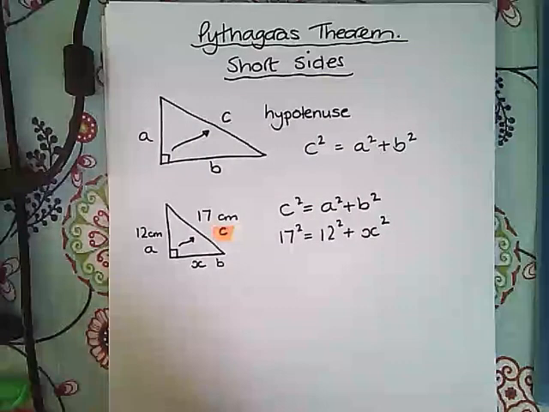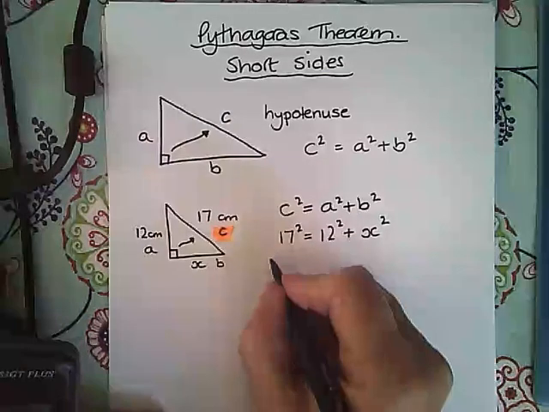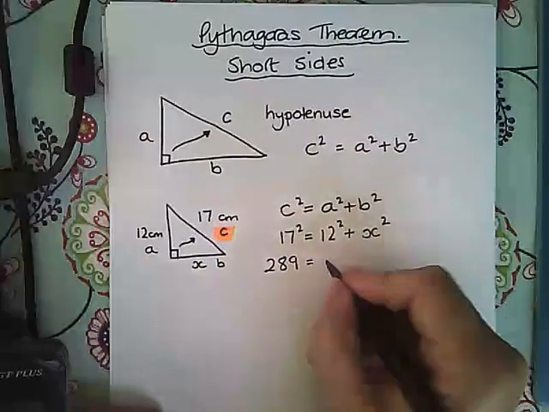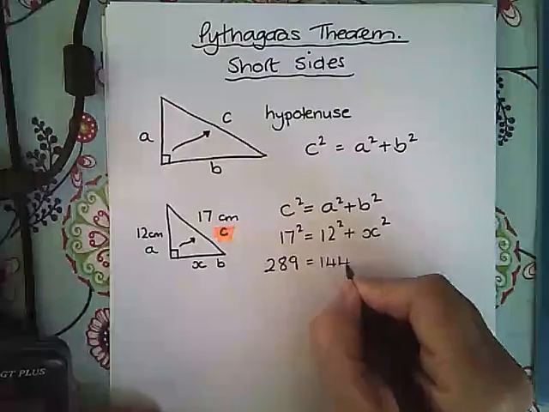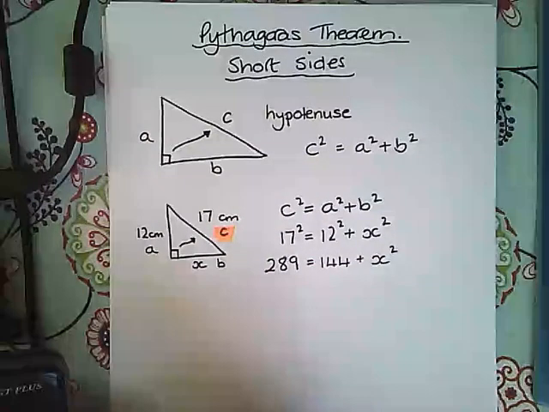Then I get my calculator, or if it's a non-calculator paper, then you need to be able to square these numbers without a calculator. So 17 squared is 289. 12 squared is 144, and we just leave x squared like this.